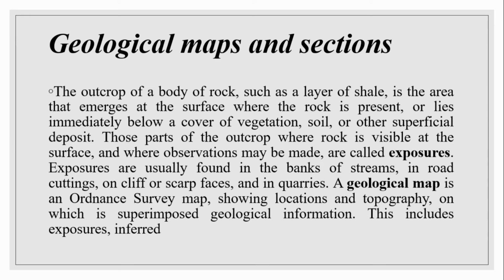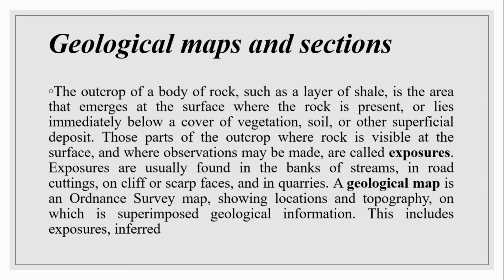Geological maps and sections. The outcrop of a body of rock, such as a layer of shale, is the area that emerges at the surface where the rock is present, or lies immediately below a cover of vegetation, soil, or other superficial deposit. A geological map is an ordnance survey map showing locations and topography on which is superimposed geological information.